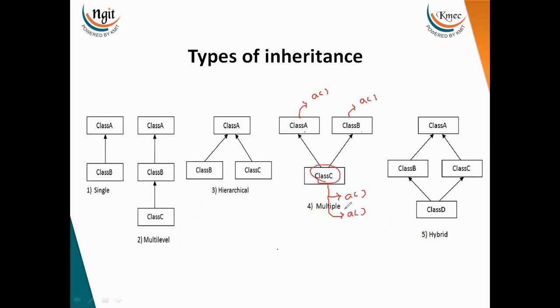Now, in order to execute the method, we need to create an object of the C class. Let's say I've created a C1 object of the C class. Now I'm calling C1.a. By using the object, we call the methods. Whenever you call C1.a, the same method is available in class A and class B, so the compiler gets confused.